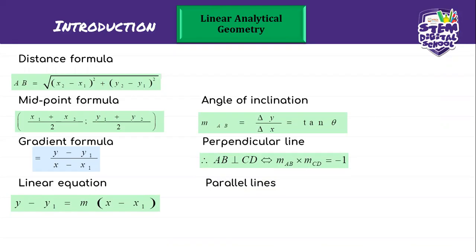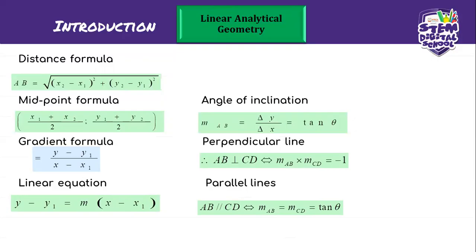It shows here that AB is perpendicular to CD. Then we are going to use the gradient of AB multiplied by the gradient of CD equals -1. That is the product. Then we have the parallel lines. What you have to know about parallel lines is that the gradient of line AB equals the gradient of line CD, right? That is the parallel line.